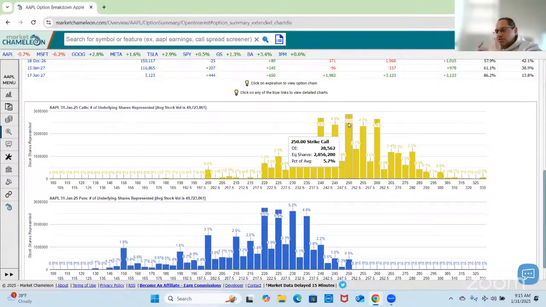Or you have people getting assigned on stock on the short side. You have people on the long side wondering what to do with the stock. If I get converted, do I want to hold the stock, because your intent maybe was just to hold that option? So that could really accelerate the movement of the stock itself.